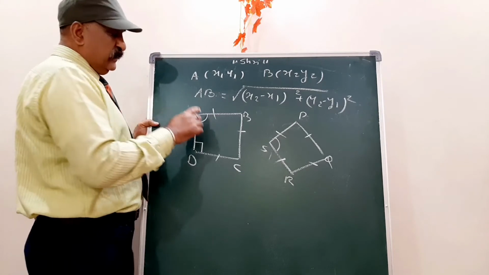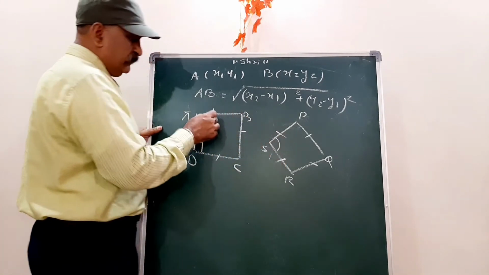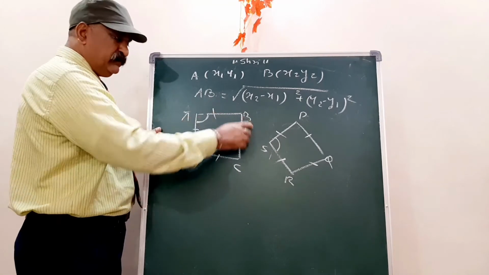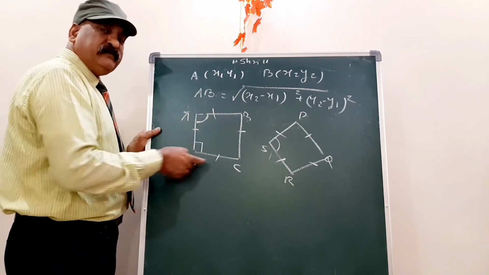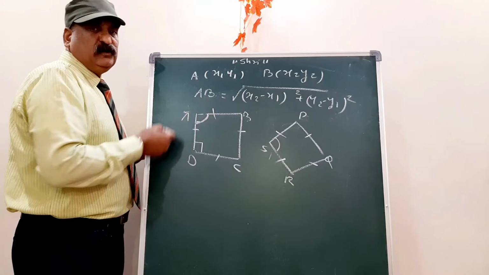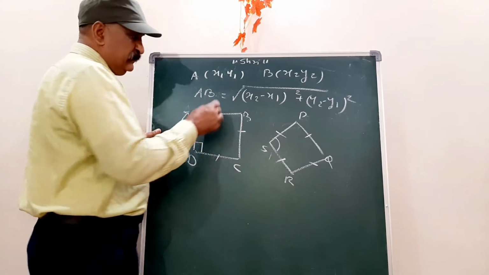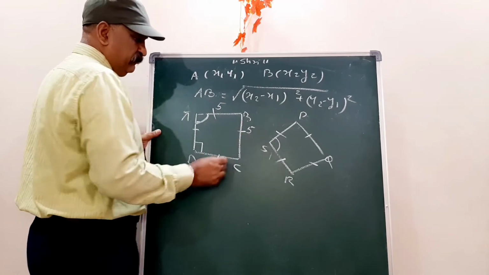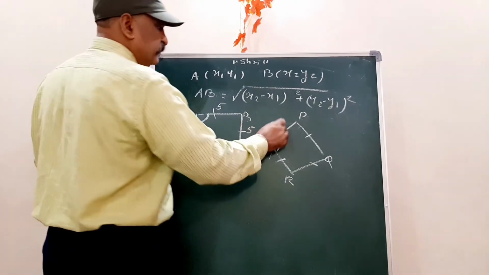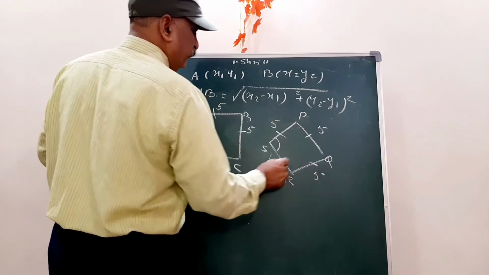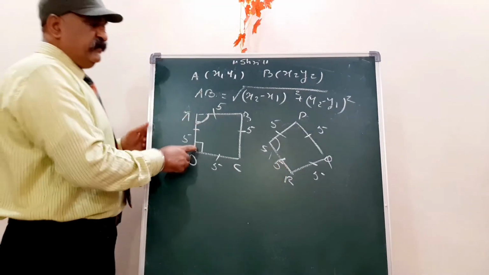Listen carefully. Every square is a rhombus because if this angle is equal to 90 degrees, of course it is a square. All the 4 sides are equal and this angle is equal to 90 degrees. If this angle is 90, all the angles are 90. If this side is 5 centimeter, 5, 5 and 5. This is a square.